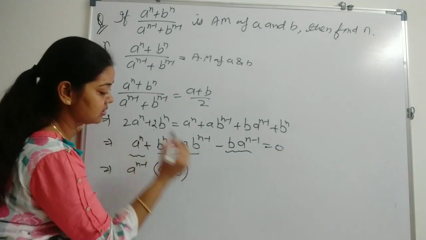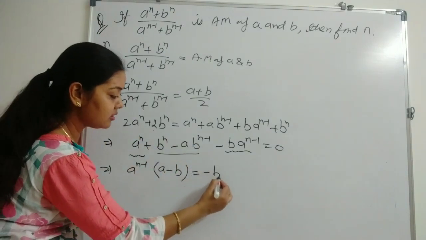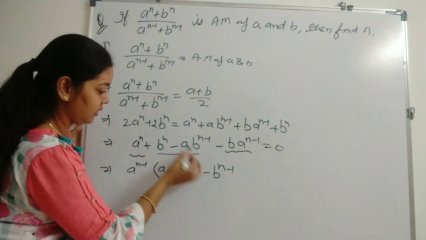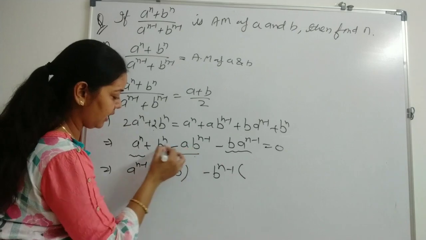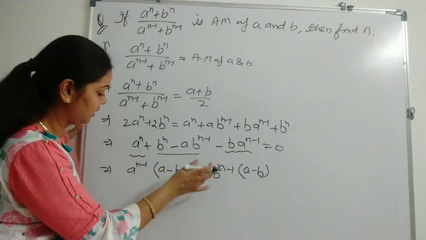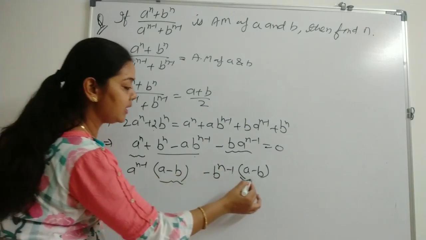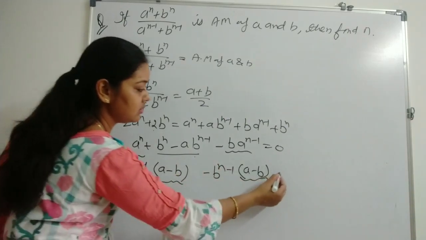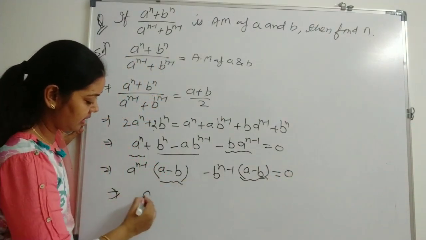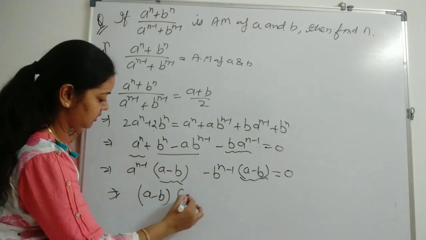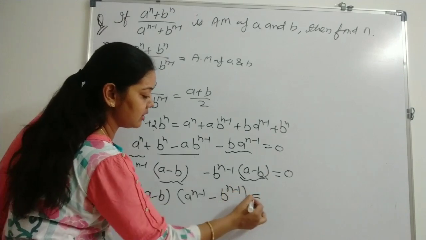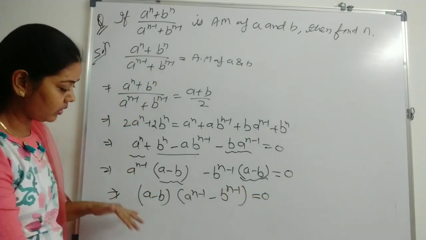Now in this term, taking minus b^(n-1) common, we are left with a minus b. I have taken minus also common so that this bracket will be similar. Okay, students? That equals 0. Now taking a minus b common, this is a^(n-1) minus b^(n-1), that equals 0.